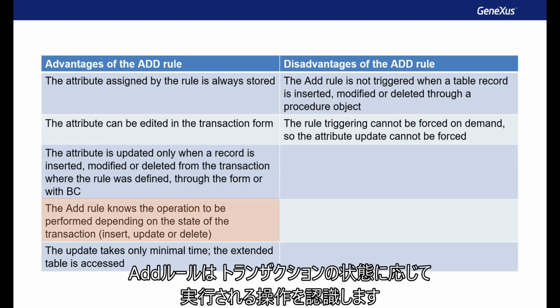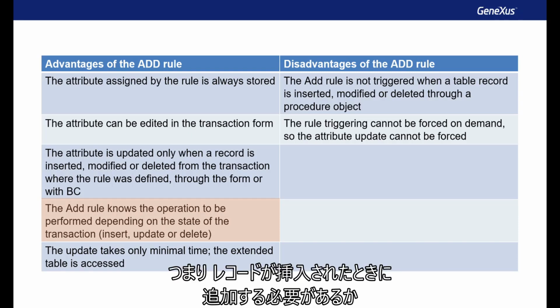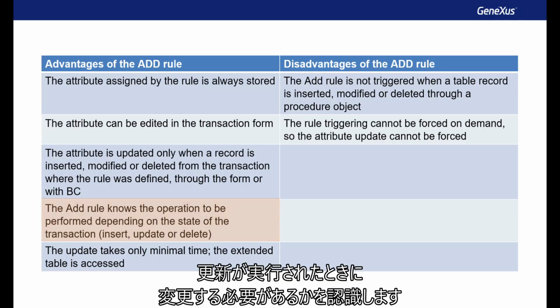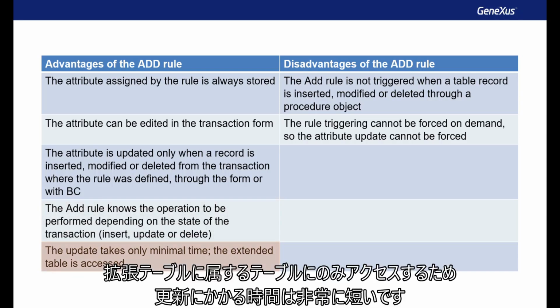The add rule knows the operation to be performed depending on the state of the transaction. In other words, it knows if it has to add when a record is inserted, subtract if it's deleted, or modify when an update is performed. The update takes a very short time, since only tables belonging to the extended table are accessed.